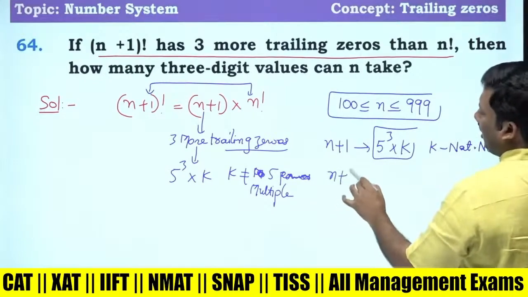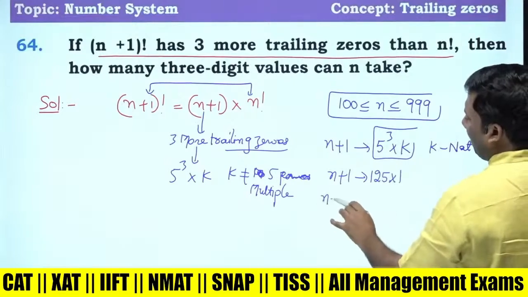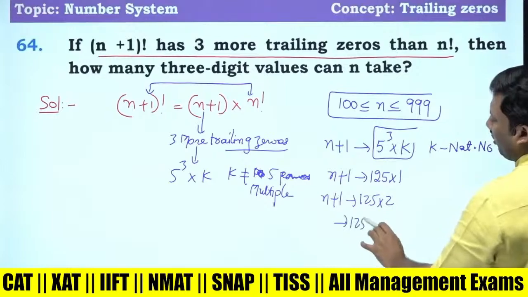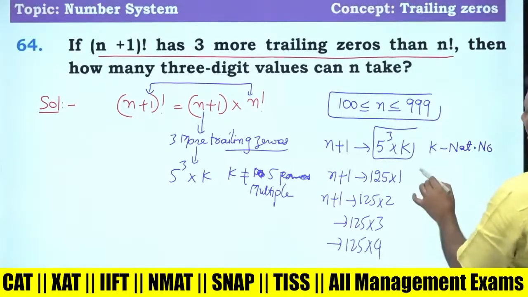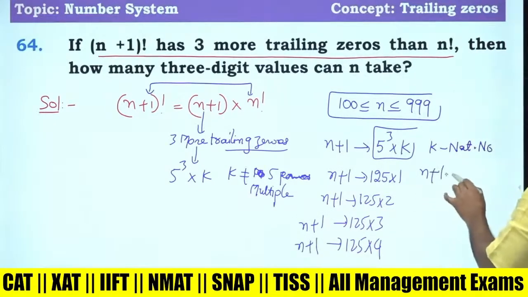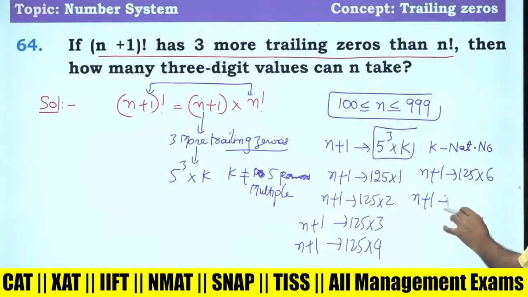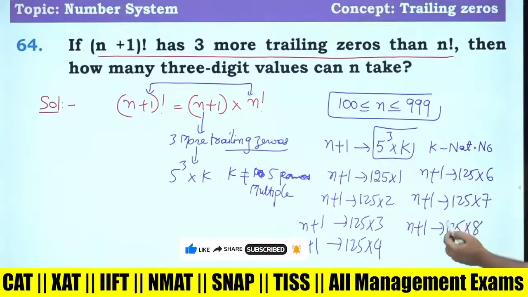N plus 1 can be 125 into 1, 125 into 2, 125 into 3, 125 into 4, 125 into 5, it should not be 6, then 125 into 7, 125 into 8. Why? Because n will become 999.